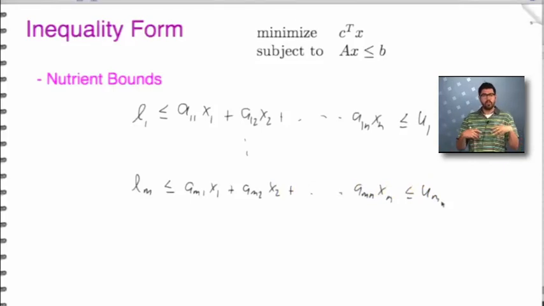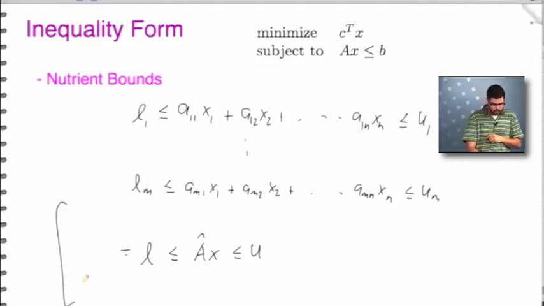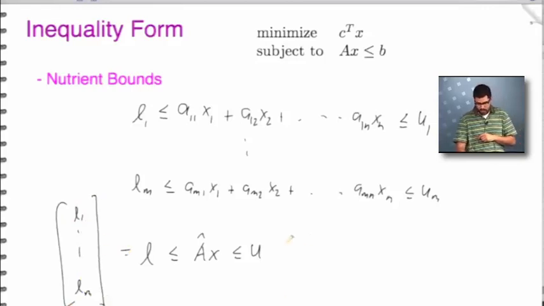And I'm going to simplify that into a matrix form, and I'm just going to say L and A hat, and I define A hat as, in a second I'll show you what I define it as, times X, and that has to be less than U, where L is L1 ... Lm, and U is equal to U1 ... Um.